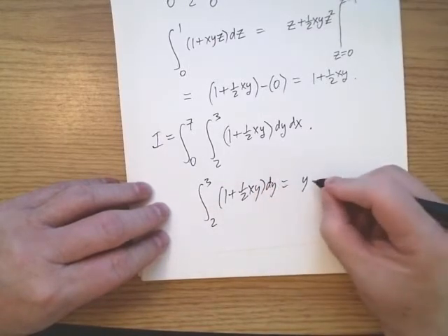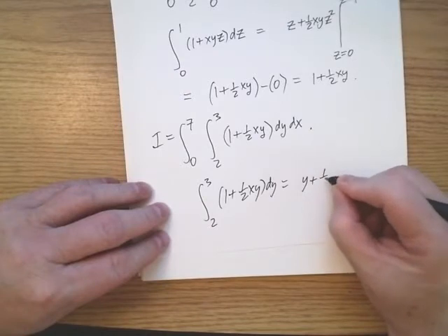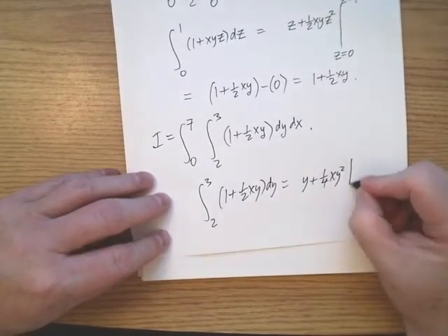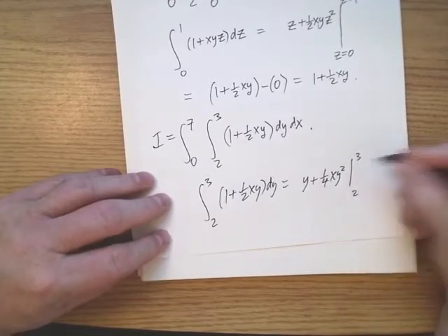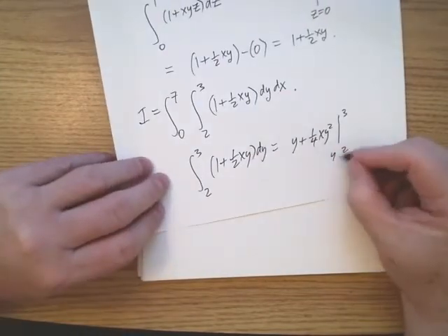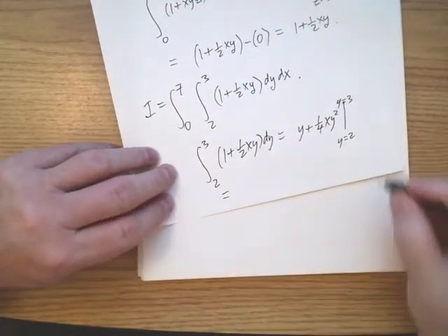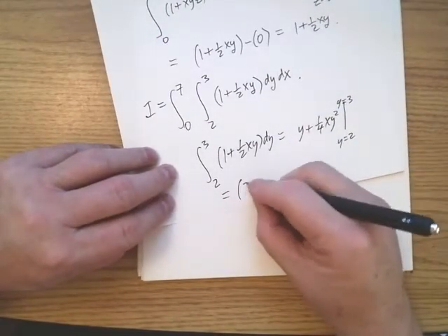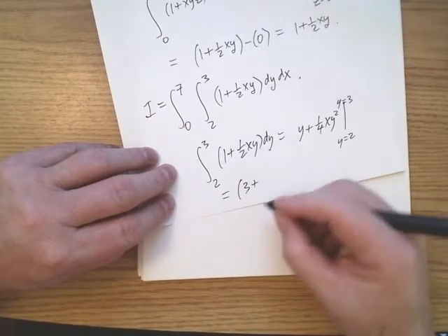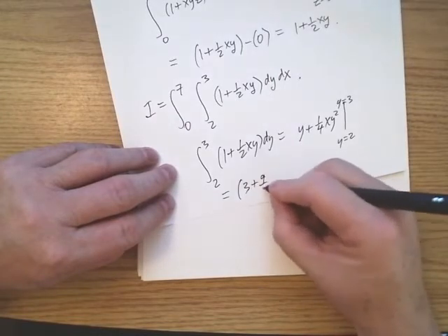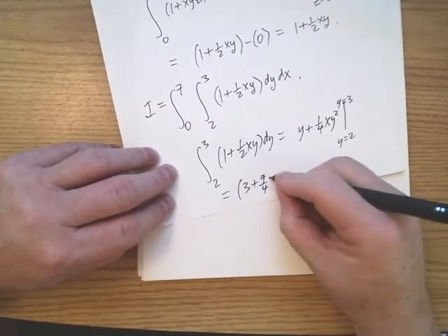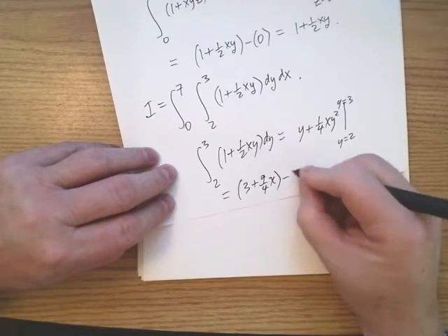So that would be y plus 1/4 xy squared. Y is going from 2 to 3. Okay. All right, let's see what we get this time. At 3, we would get 3 plus 3 squared is 9, so 9/4 x, right?